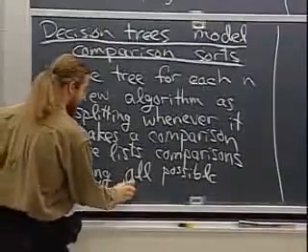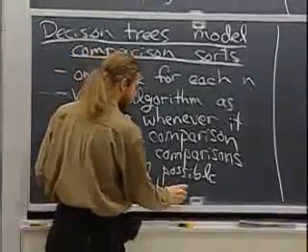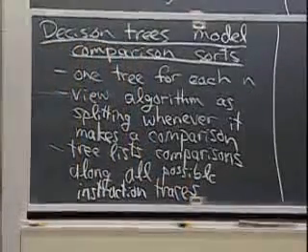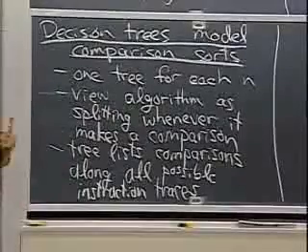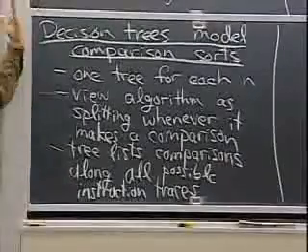So you write down all the instructions that are executed by this algorithm for all possible input arrays, A1 to An. See how all the comparisons could come out and what the algorithm does. In the end, you'll get a tree.